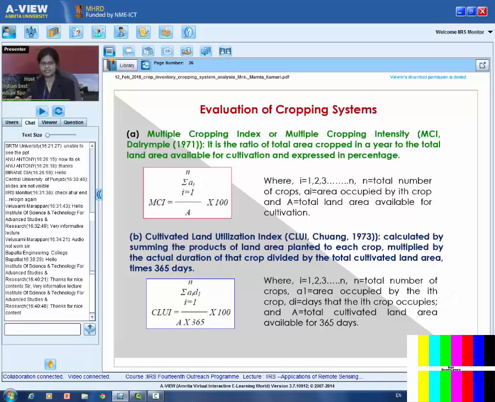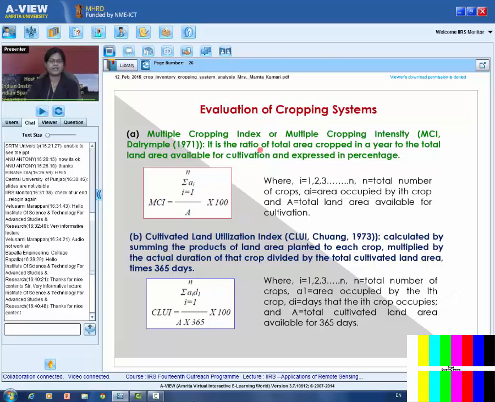So that's what the cultivated land utilization index tells, that when and where land has been left unutilized. If we are taking long duration crops or more number of crops, this means our land is busy throughout the year, and CLUI would be higher. This value will be higher.